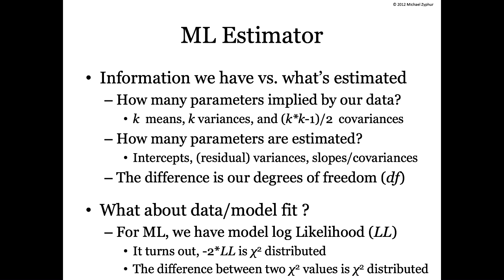This is kind of an interesting way to think about this: our sources of information for estimating the unknown parameters that we estimate, and how those relate to the models that we actually estimate. Well, if we have k variables, whatever k is, let's say we have 10 variables, so k equals 10, then how many means do we have? How many means in the data set will we have?